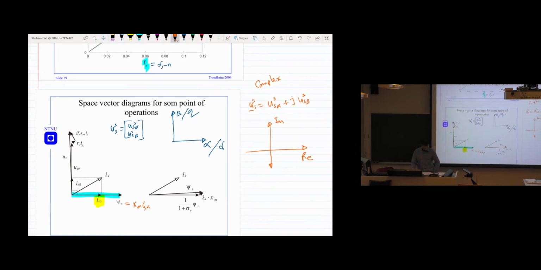So this alpha component was giving us the rotor flux. And then we have the beta component of the current. This is the beta component. And we see that the beta component of the current is giving the torque.